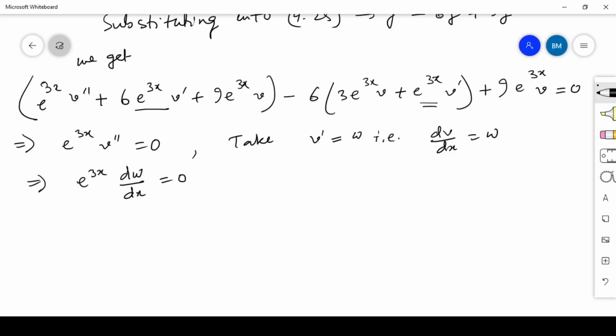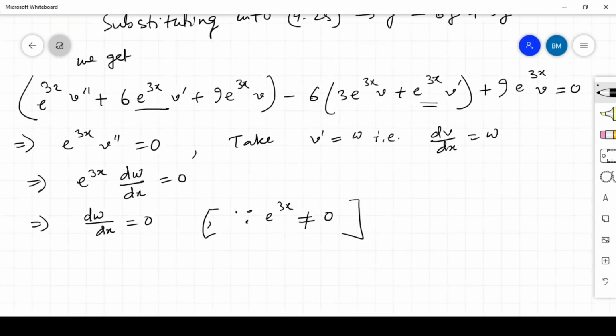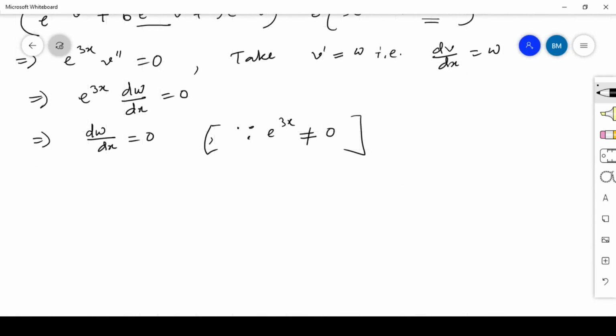But as we know, e to the power 3x is always non-zero for every x. So for the product to be 0, I must have dw by dx equal to 0. So this will give dw equal to 0.